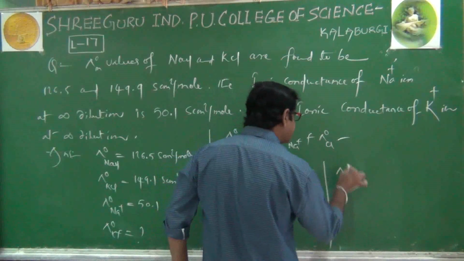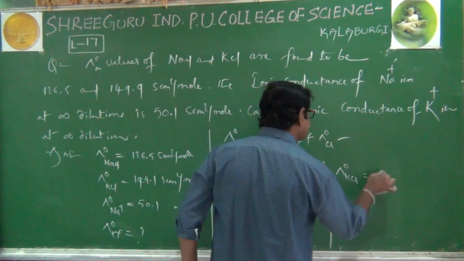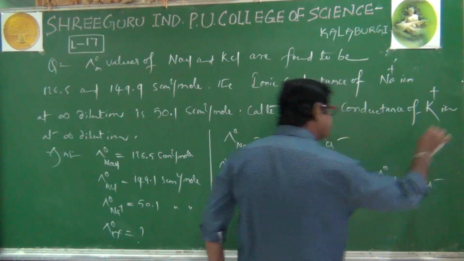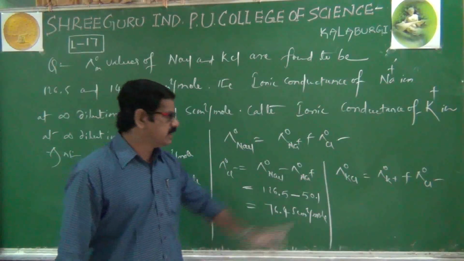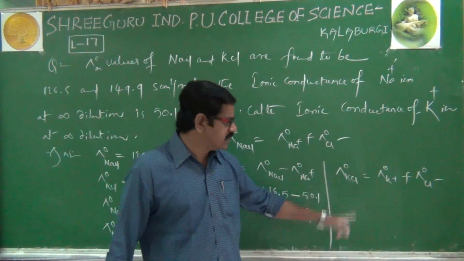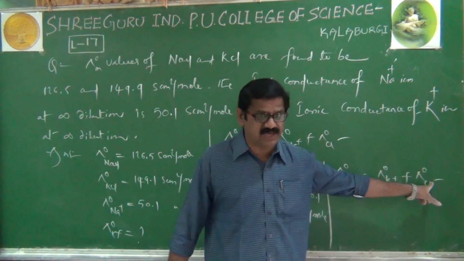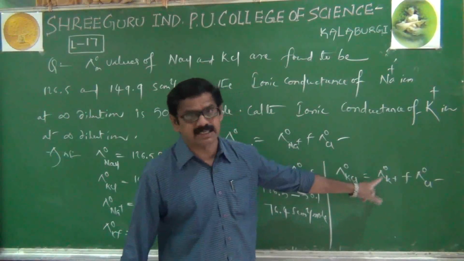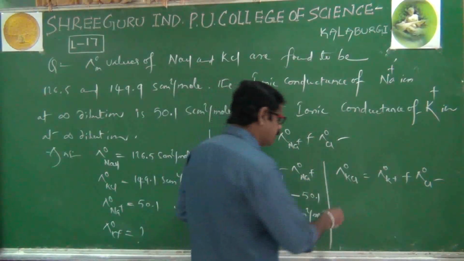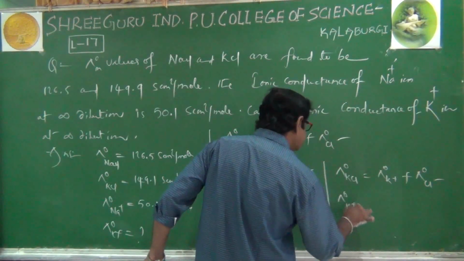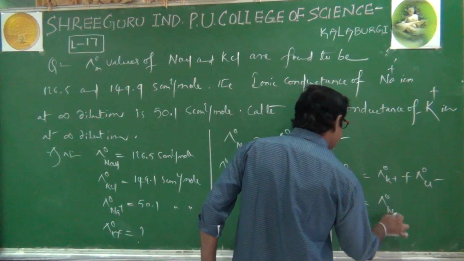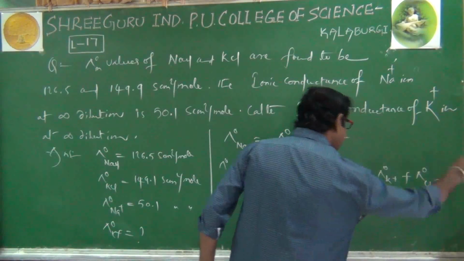Therefore, once again we will write like this: lambda naught KCl is equal to lambda naught K plus plus lambda naught Cl minus. Now here lambda naught KCl is available. I mean, this value is known, as well as lambda naught Cl minus value is also known, but lambda naught K plus is not known. Therefore, lambda naught K plus, bringing to the LHS, is equal to lambda naught KCl minus lambda naught Cl minus.